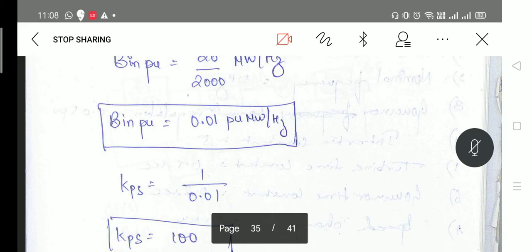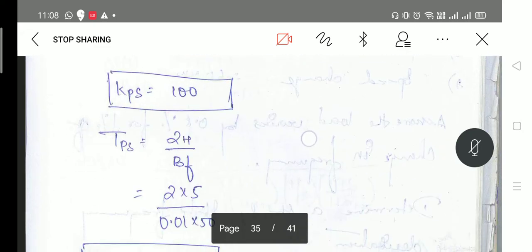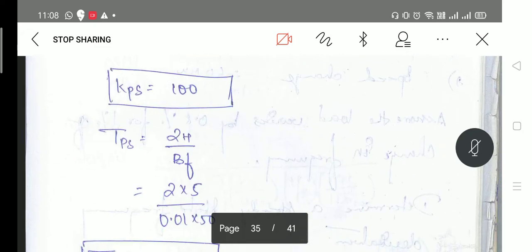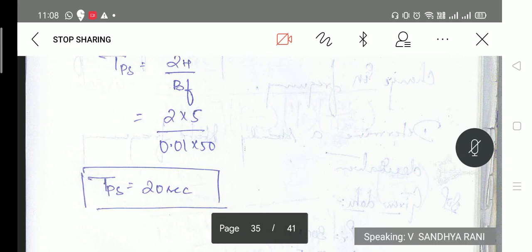KPS is equal to 1 by B in per unit. So 1 by 0.01, that is KPS value is 100. Finally the required TPS, that is 2H by BF. Already he has given H value is 5. So substitute here BF value 0.01 into 50. So substituting all those values, we will get the TPS value as 20 seconds. Okay.